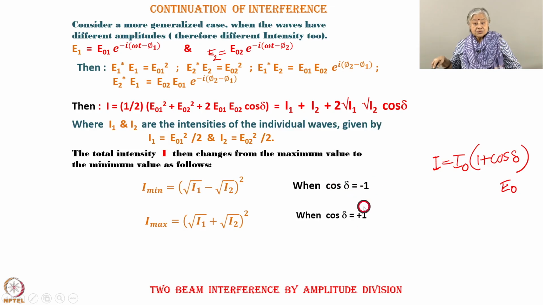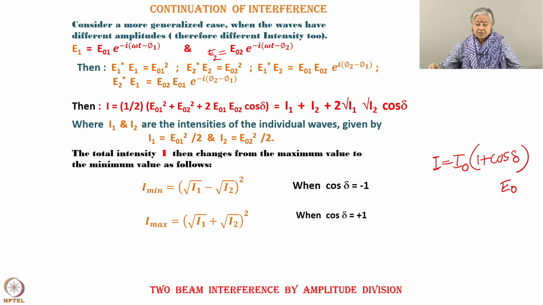Now, suppose cos delta is equal to plus 1, then it will be (root of I1 plus root of I2) whole square. Obviously, there is a plus sign here, so this is the maximum intensity you can get. There is a minus sign in the other case, so this is the minimum intensity you can get, because cos delta moves from minus 1 to plus 1 and all values in between.